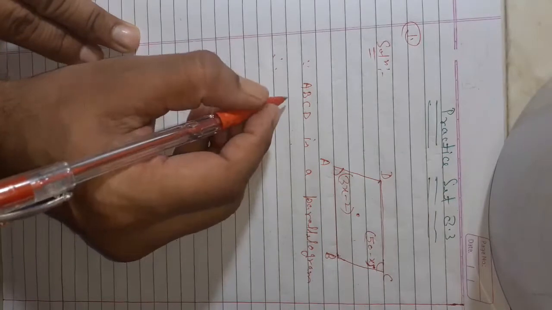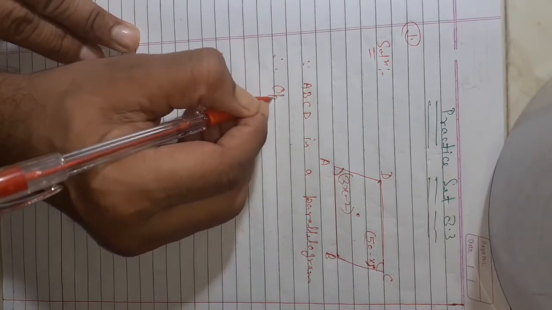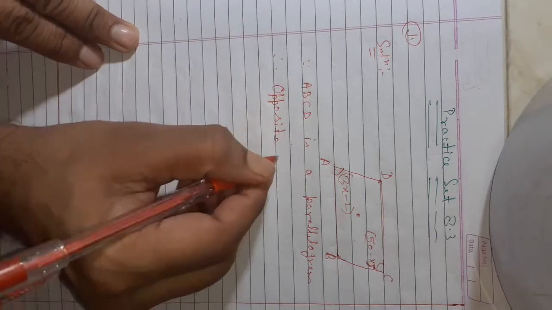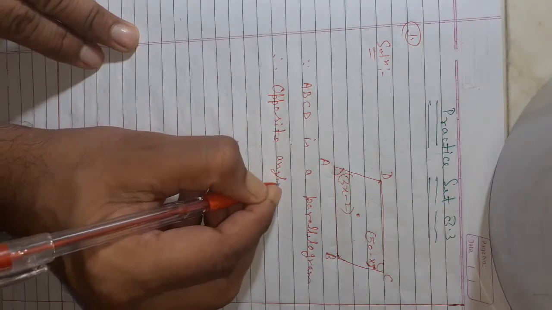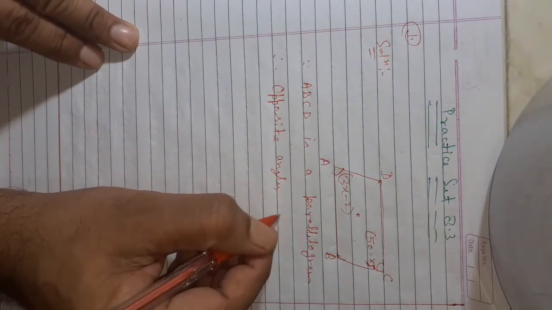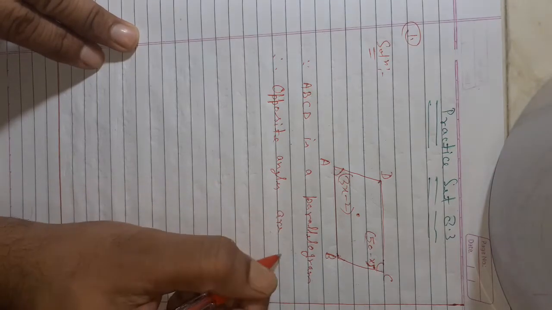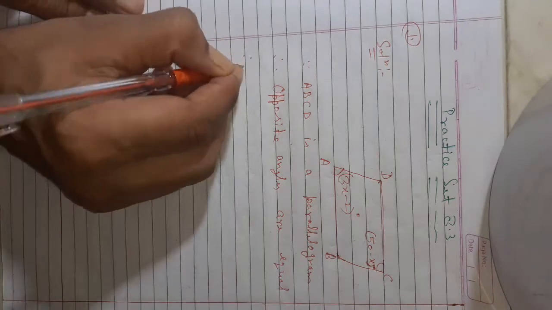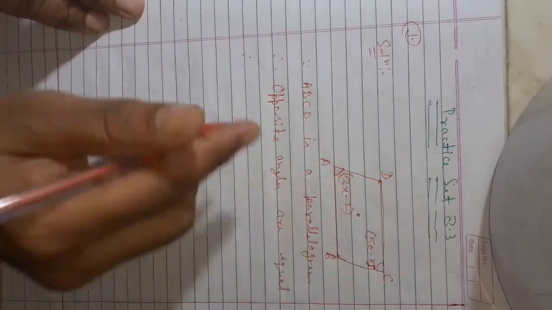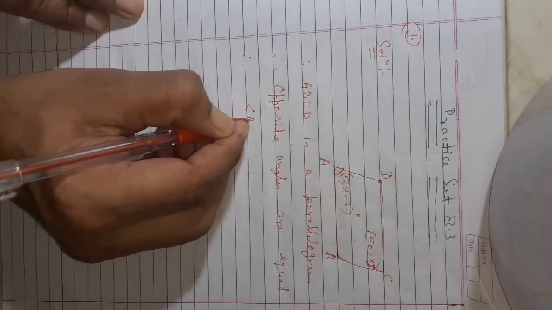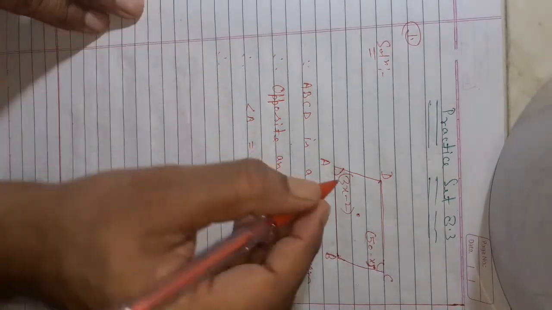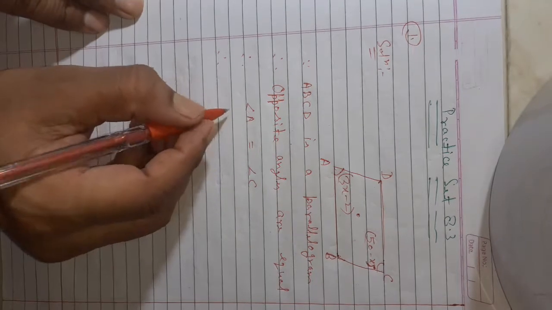So angle A is equal to angle C. Therefore this angle equals this angle.